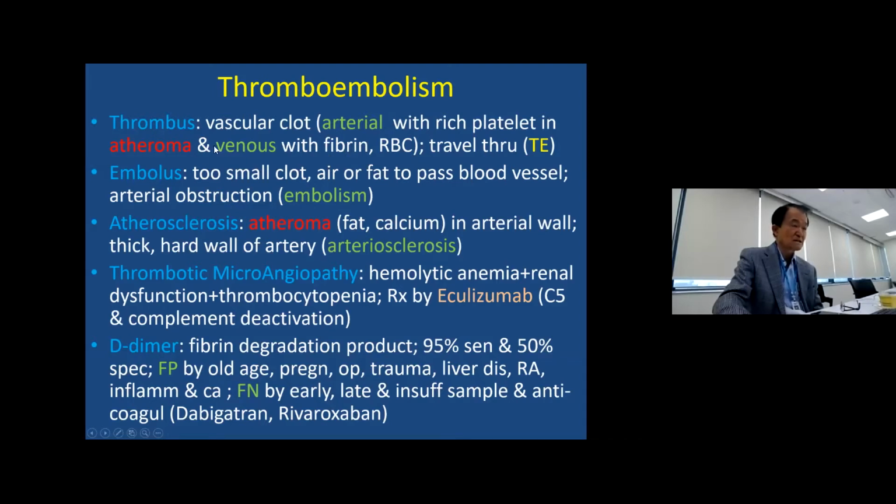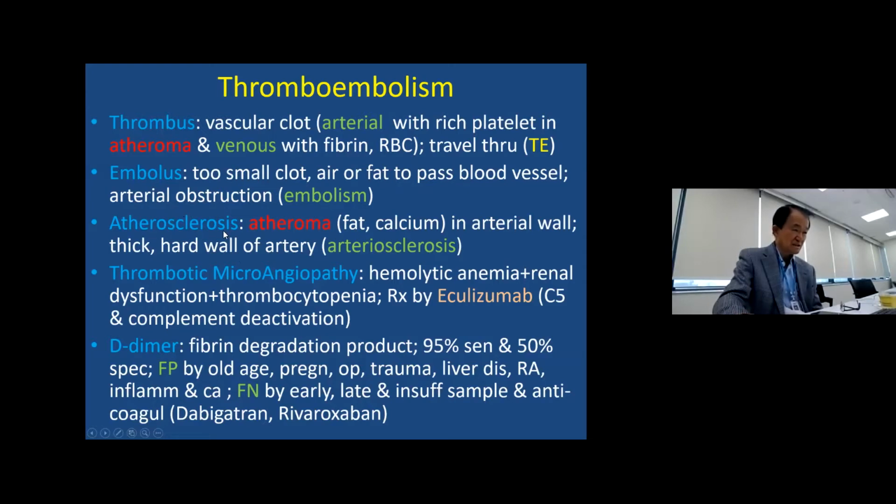When this clot travels around, we call it emboli. Embolus is a very small clot, blood component, air or fat that passes through the vascular system and makes some obstruction of the arterial system. This is called embolism, like a pulmonary emboli.